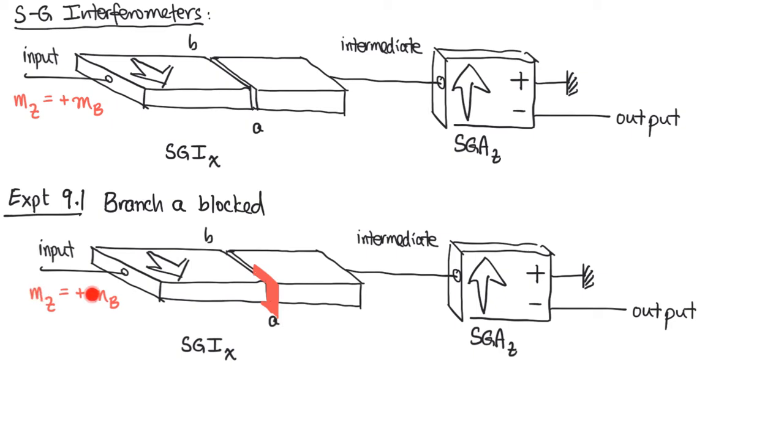So here we have branch A now blocked visually. We're inputting Mz plus. In order to make it to the intermediate state, the atoms must take branch B. Is there a chance that they will take branch B? Well, yes, because if you send an atom with Mz plus into an X analyzer, you have a 50-50 chance of taking each path. So half the atoms are going to get blocked by this barrier, but half the atoms are going to make it through to the intermediate position.